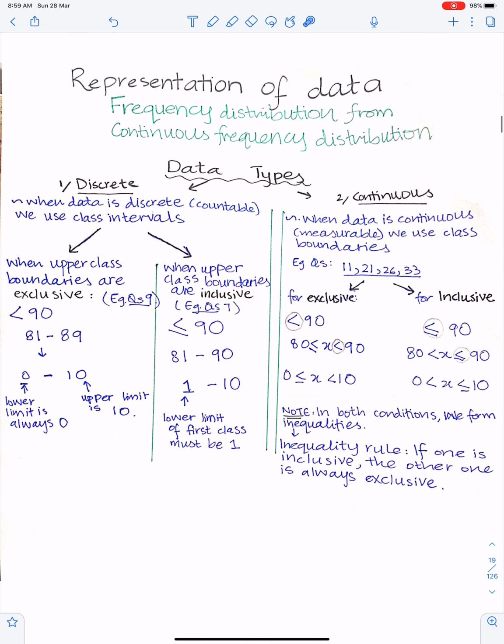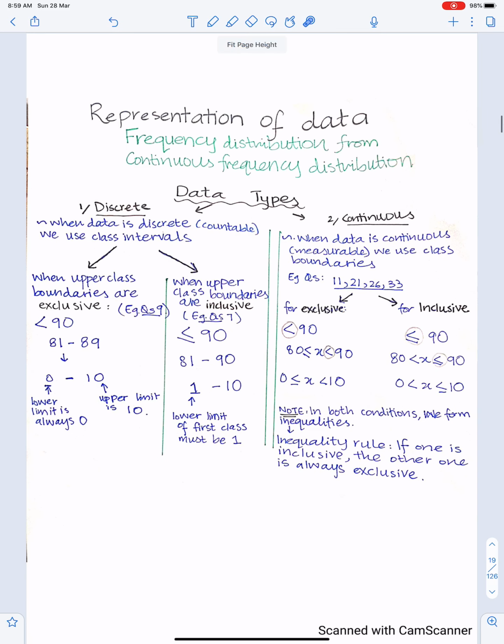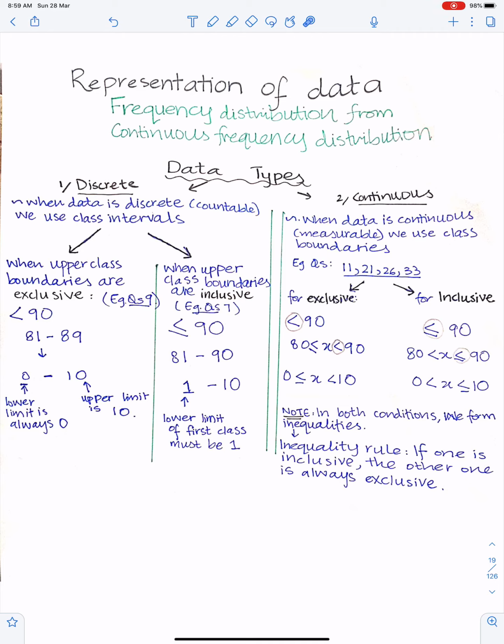Well, this thing is very important. This concept is extremely important in representation of data.